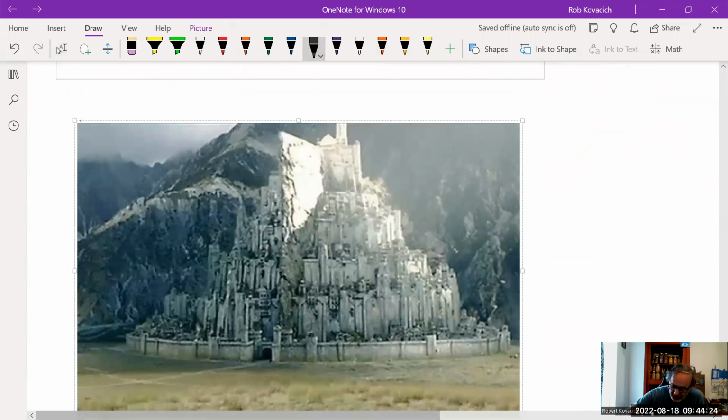Let's say that this part of the wall didn't exist, and there's just a hole there. So the bad guys, the orcs, can just come in and walk around the wall. They don't have to worry about trying to bust through this gate. They just walk around the wall.